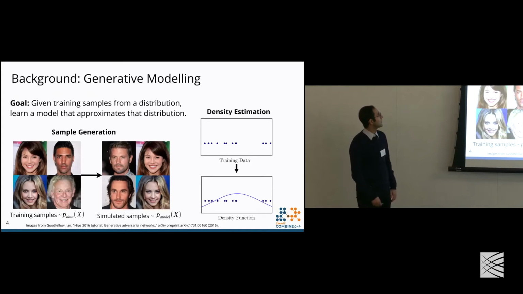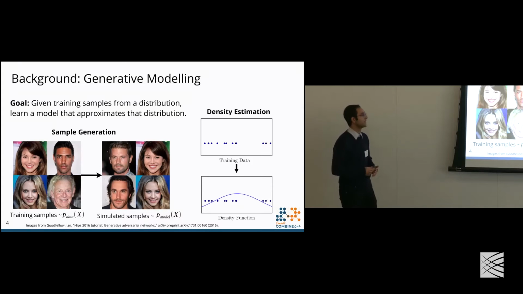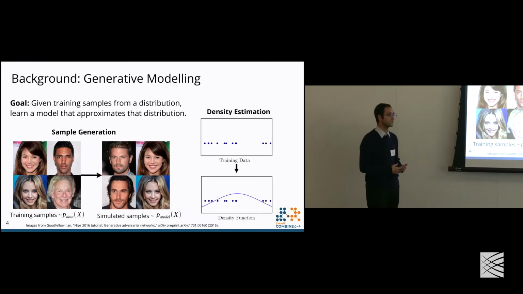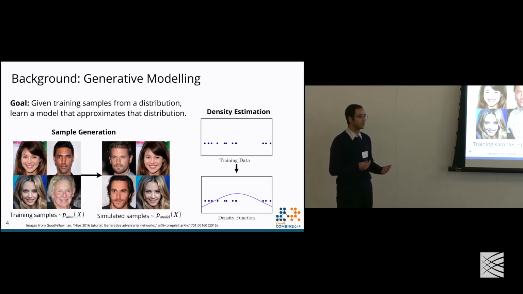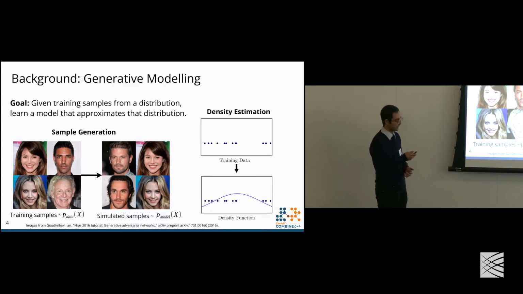All right, so generative modeling as a goal: usually we are given some training samples from some probability distribution, and we want to learn a model that approximates that distribution really well. And once we have perfected it, there are two tasks that we can generally do with these models. The first one, on the right, is density estimation.